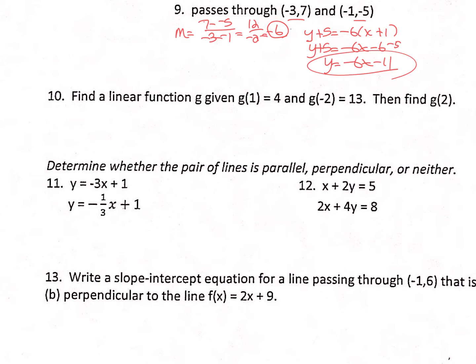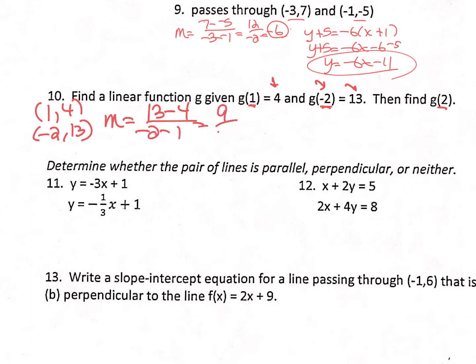Number 10, just like the last one, except it's just written differently. Okay, no big deal here. Remember, it's usually g of x. So the 1 is the x, the 4 is the y. The -2 is the x, the 13 is the y. So if you want to think about it like this, it's really 1, 4, and also -2, 13. Which makes it just like the problem we just did. Got to find the slope first. I'm doing y minus y on the top, x minus x on the bottom.